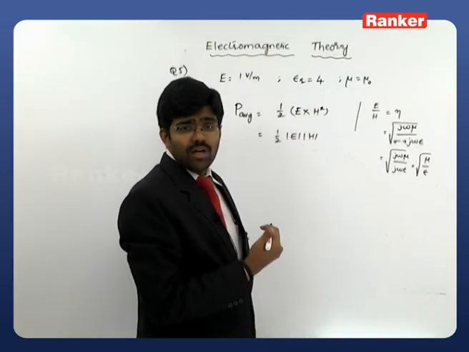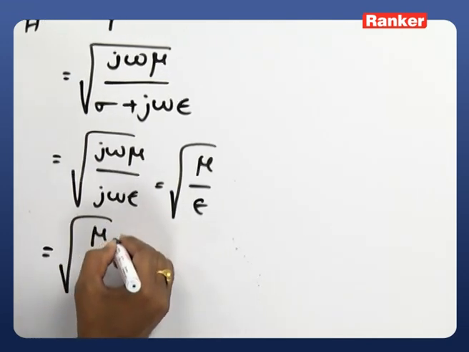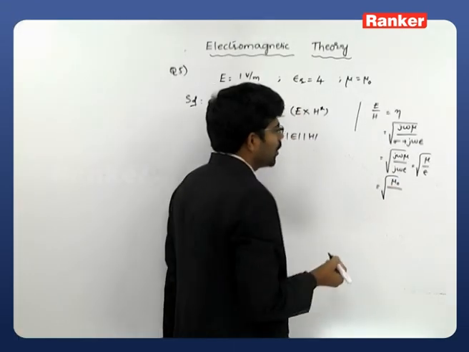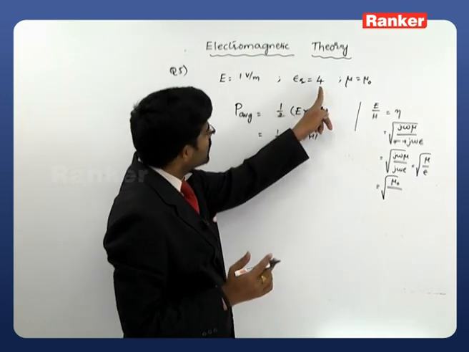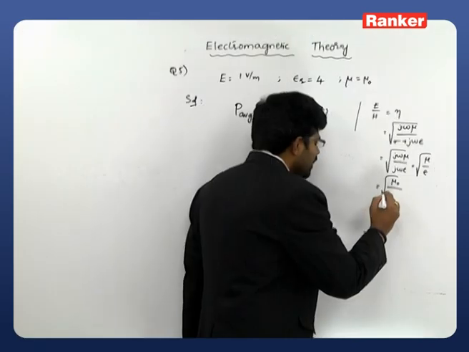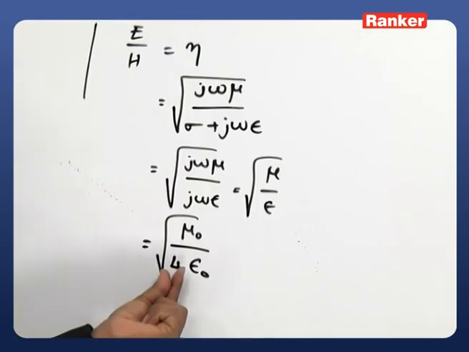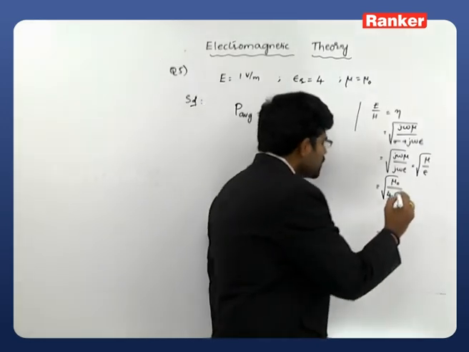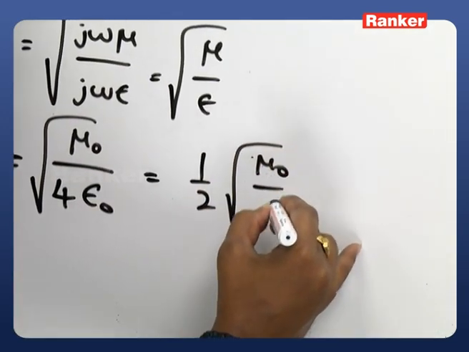Now for our medium, mu can be replaced with mu naught, so square root of mu naught divided by epsilon, which is nothing but epsilon naught into epsilon r. Epsilon r is given as 4. That's why here I will consider 4 epsilon naught. So it is simply 1 by 2 under root of mu naught by epsilon naught.